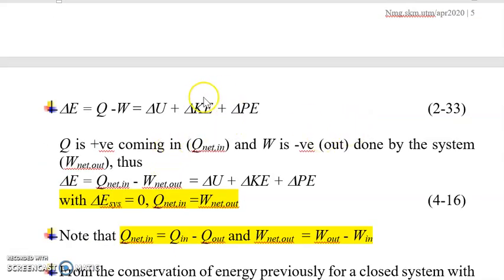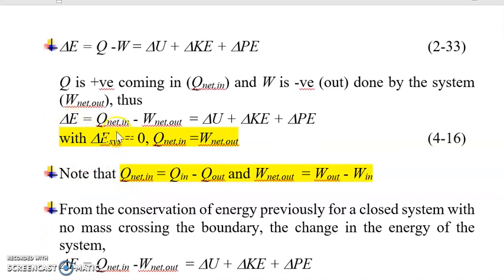Again, let's have a look at this 2.33 introduced in your second module. Q is positive coming into the system, Q net in, and W is negative, net out, done by the system. So thus we have this change in energy of the system being the Q net in minus W net out, which is equal to the change of internal energy, the change in kinetic energy, and change in potential energy.